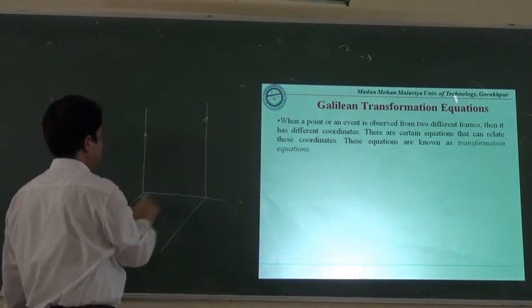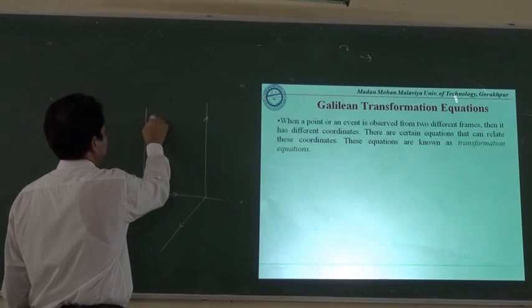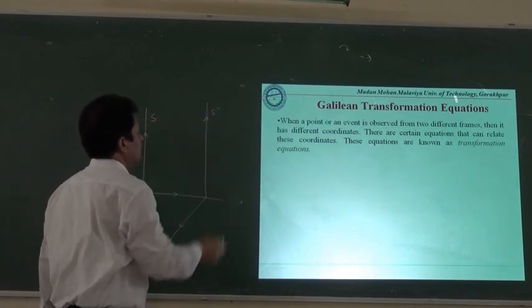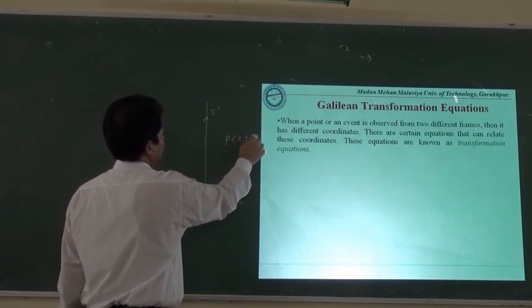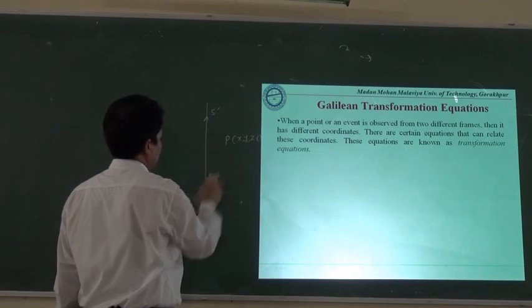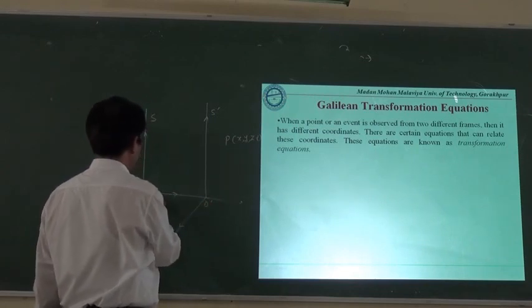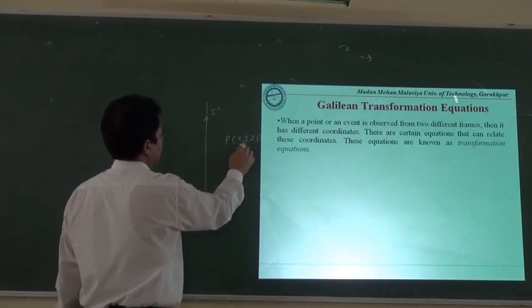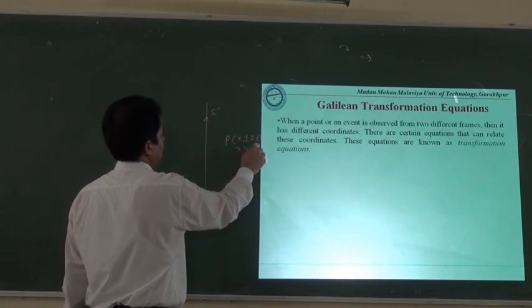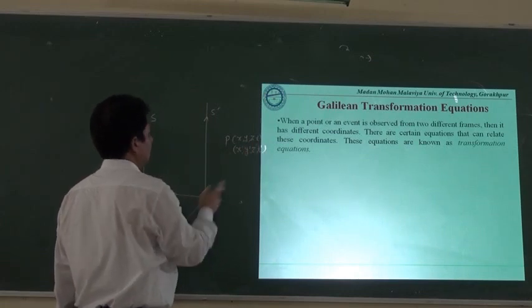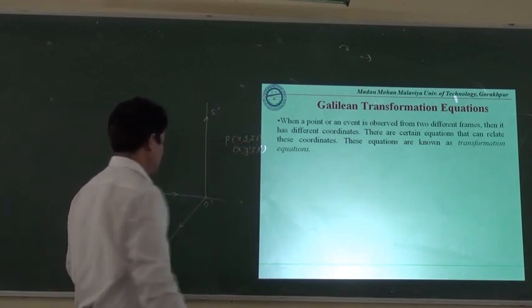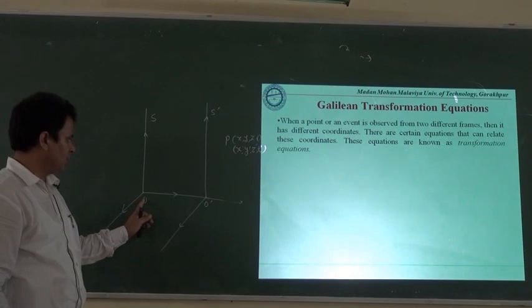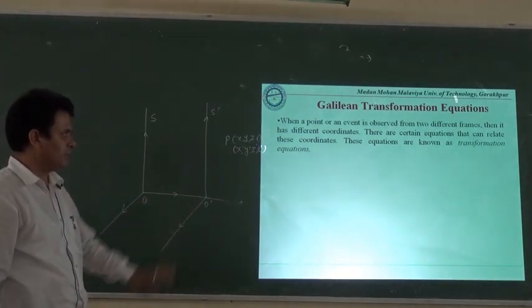One is the S frame of reference and the other is the S dash frame of reference. Both are measuring the position of P in this way, that this is X, Y, Z and T. The other, means that O dash, is measuring and O is measuring as X dash, Y dash, Z dash, T dash. Means that this information has been revealed by observer O as well as by O dash.